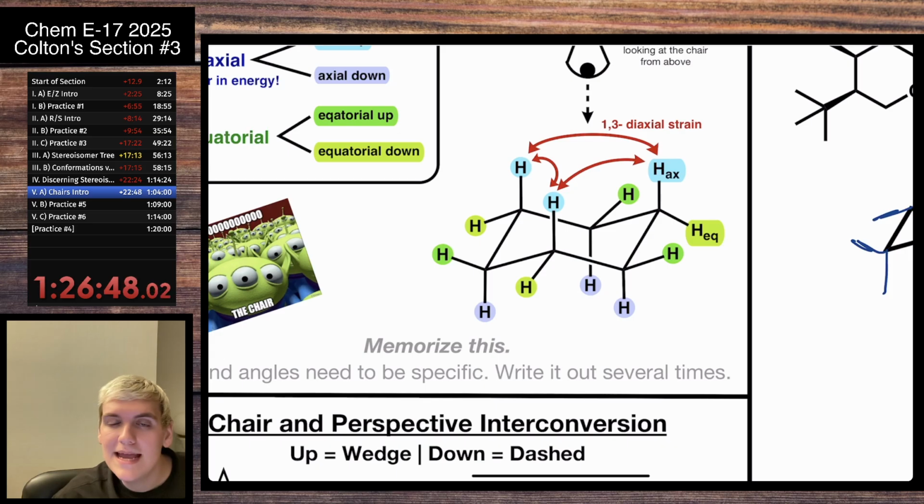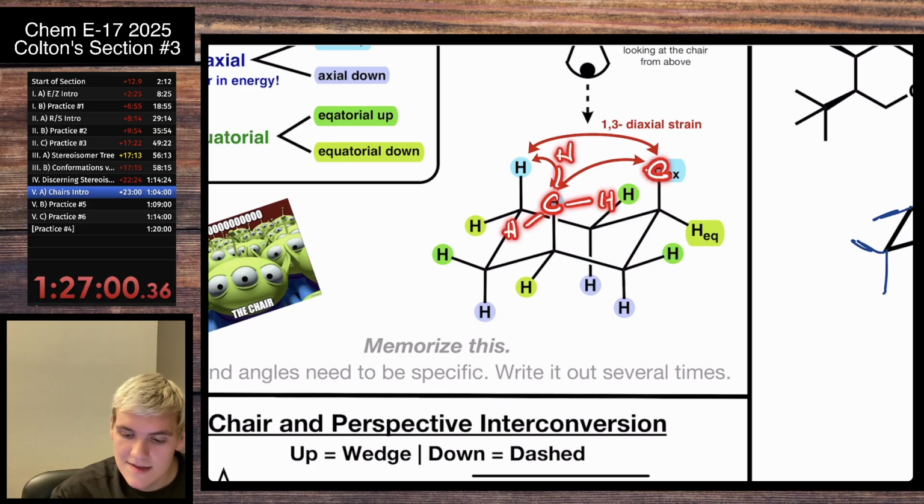Essentially, if we put anything axial that's not hydrogen, it's going to start bumping into the other axial things. So imagine we have a carbon here with 3 H's, like a methyl, and a carbon here with 3 H's. These hydrogens are going to bump into each other, and that bumping is going to have steric repulsion, and so that's going to be unstable.